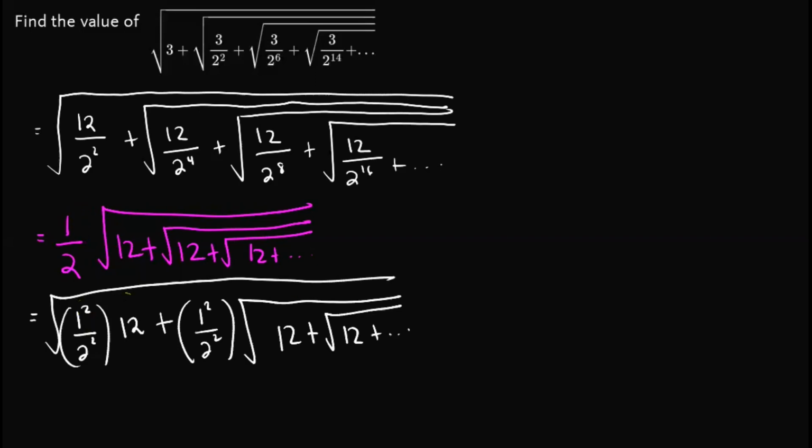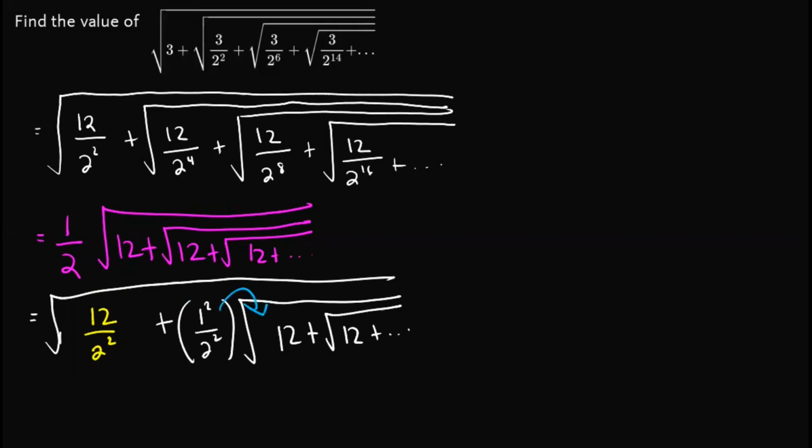So simplifying this expression, we will have 12/2 squared. Now after that, what we will do is we will bring this one out here inside again.